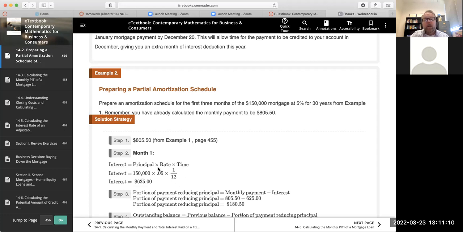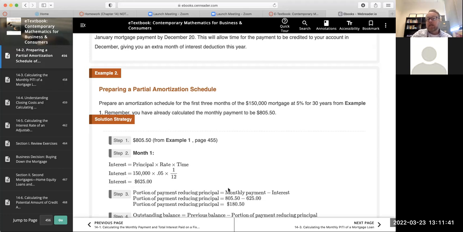We're trying to figure out how much interest I'm going to pay on a $150,000 principal, which is how much I borrowed. This will be my very first month's payment. According to this example, 150,000 times 5% times 1/12 gives me a total of $625. So my interest for the first month on this mortgage loan is $625.